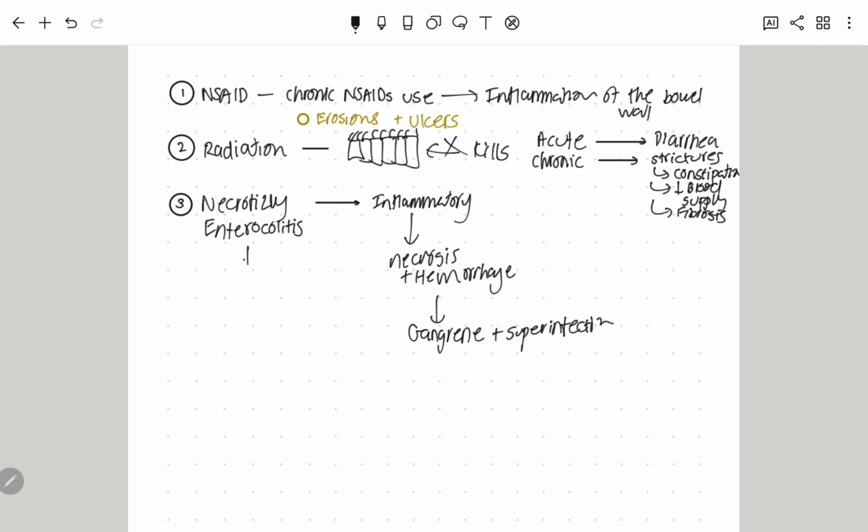This is normally seen in immature infants because their intestines have not fully developed.